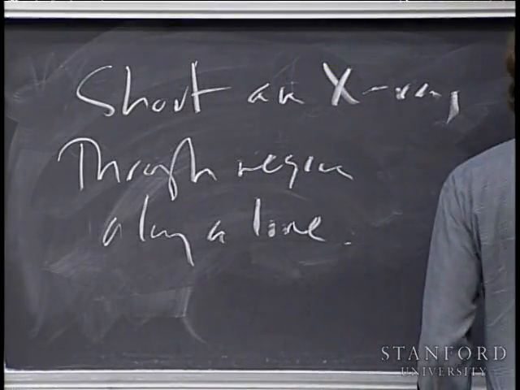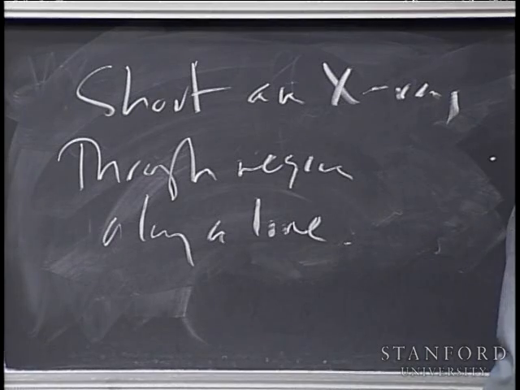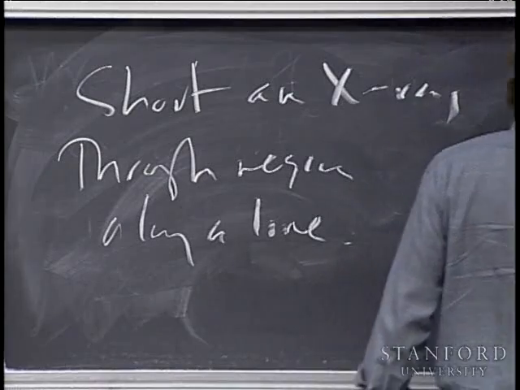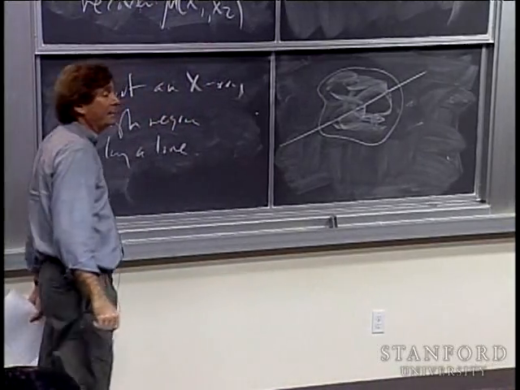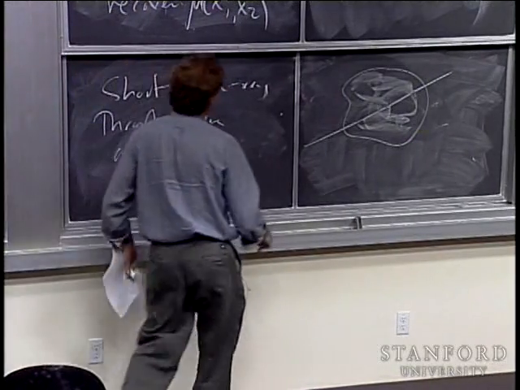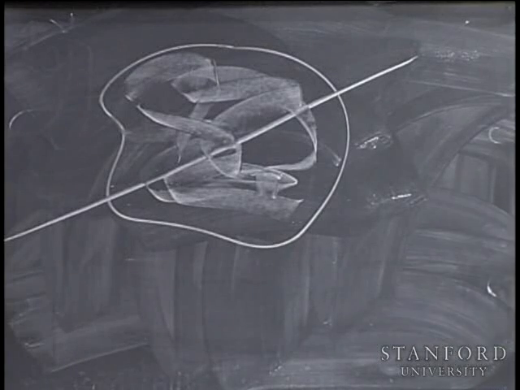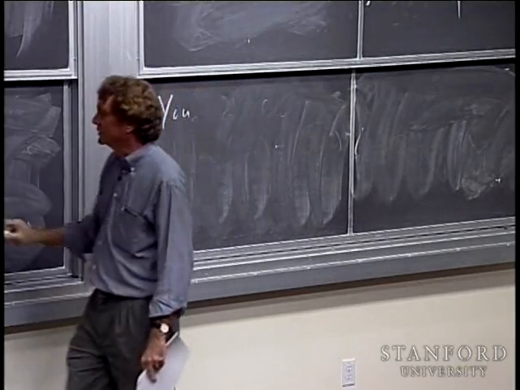It gets diffracted, it gets attenuated by all this goop in the middle. So here's the X-ray, and there's a lot of stuff in here. And you measure what happens to it when it comes out. So you know what it was going in, and you measure what it is coming out. So you know, say it goes this way.